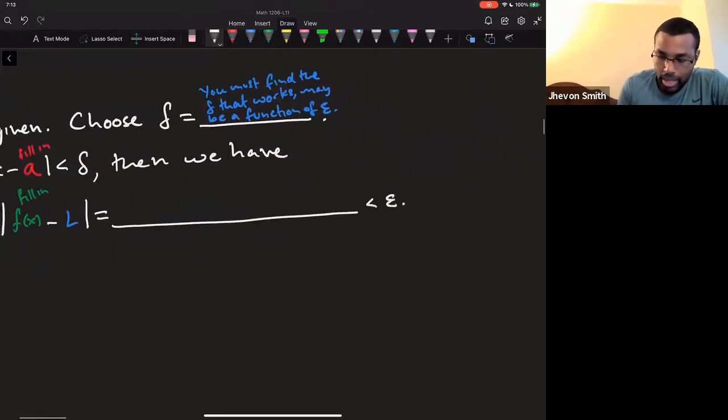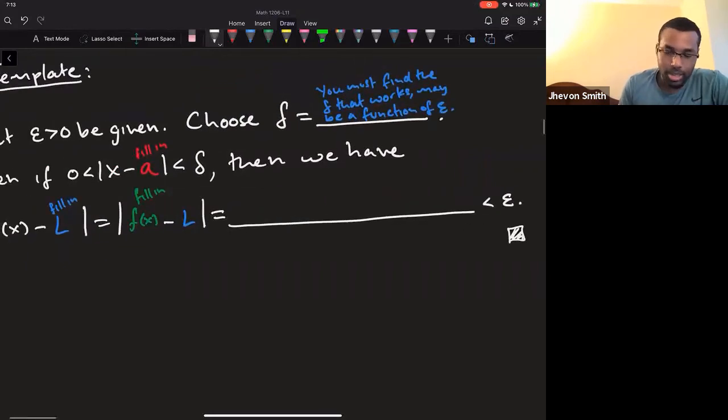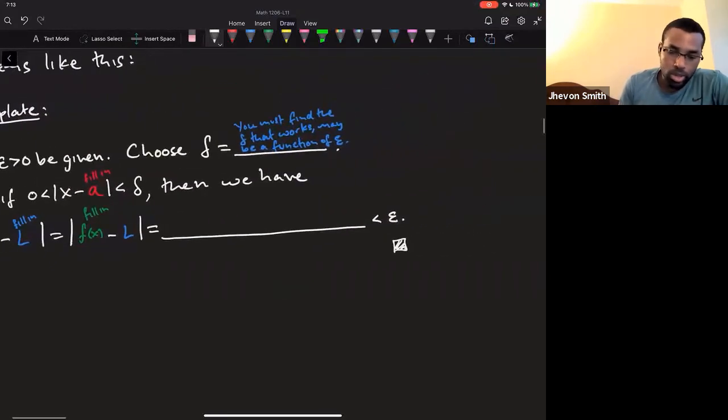It must end with less than epsilon. Put a little box right here and shade it. And what you're going to do here is fill in the calculations to show that your f of x minus L is actually less than epsilon.